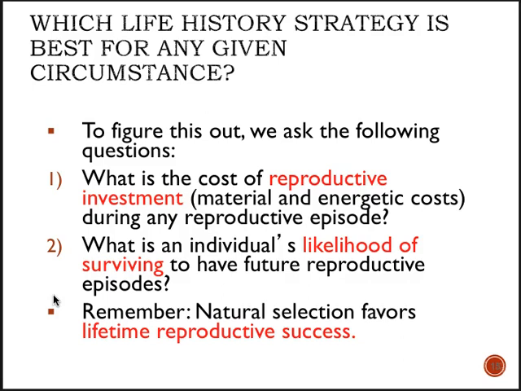It favors your overall lifetime reproductive success. So you might be putting out tons and tons of seeds, but if you do that right before a frost, you're not likely to actually have successfully reproduced. You've just made seeds. So timing is a big deal there. Natural selection is favoring overall lifetime reproductive success, which we call fitness.